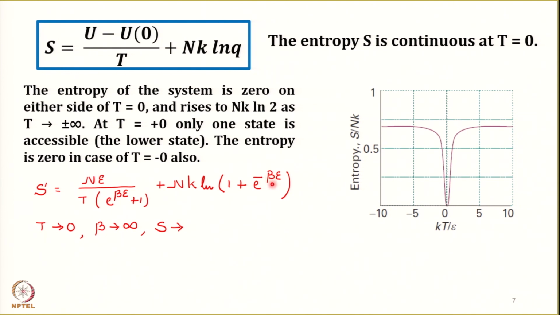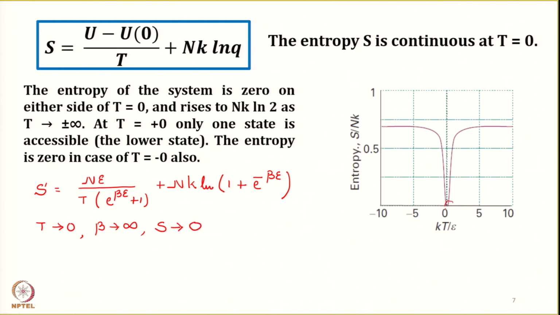And if I put beta as infinity, exponential minus infinity is 0, and Nk log 1 in that case is 0. That means in this case S approaches 0.